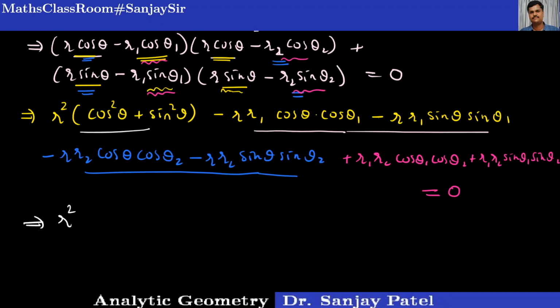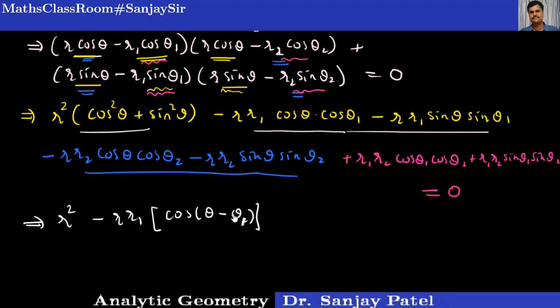From the second group of terms, if you take minus r into r1 common, I will get minus r r1 into (cos theta cos theta 1 plus sin theta sin theta 1), which is nothing but cos of theta minus theta 1. I am looking at this third group.